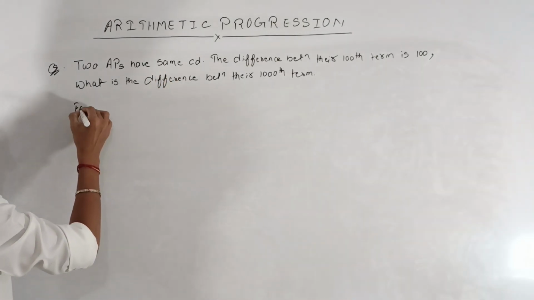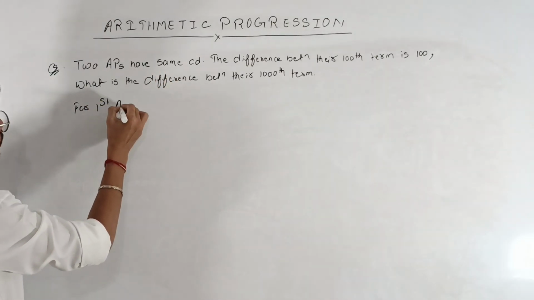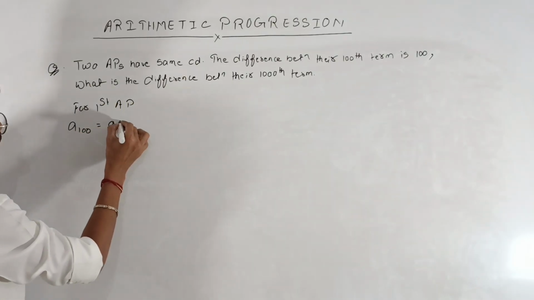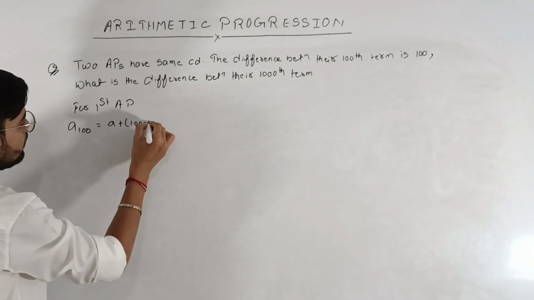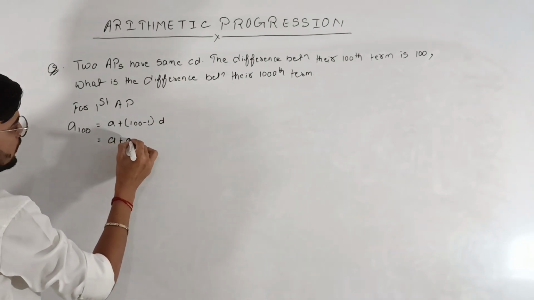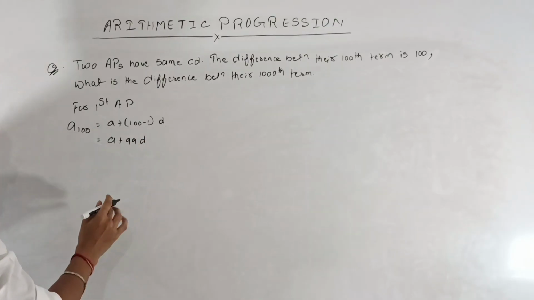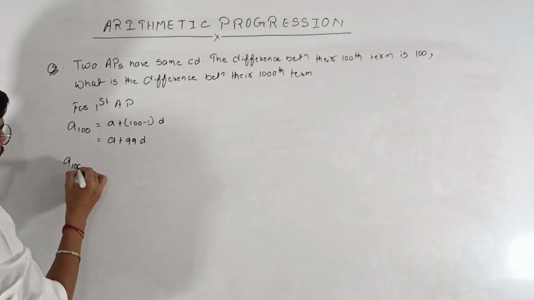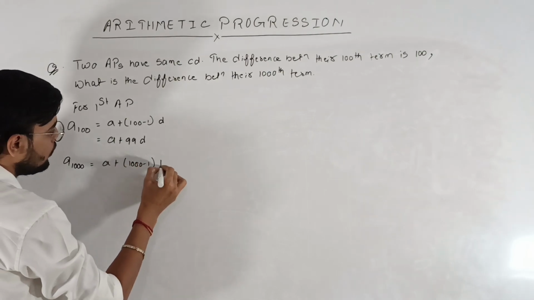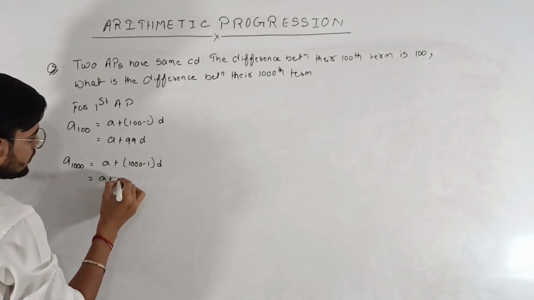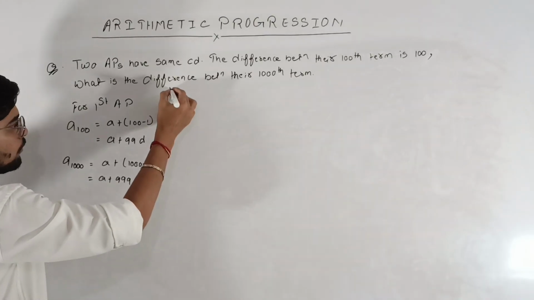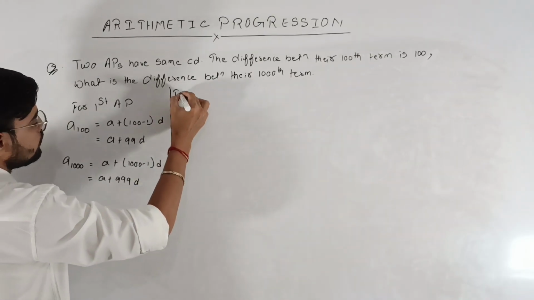For the first AP, the 100th term is A100 equal to A plus 100 minus 1 into D, so this is A plus 99D. The 1000th term is A plus 1000 minus 1 into D, that is A plus 999D. Now let's find for the second AP.